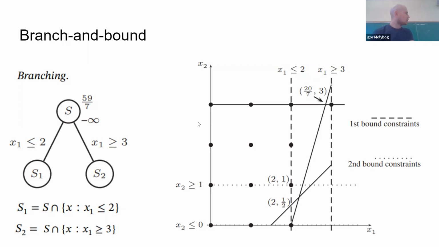So how to plot this on our picture? These are the two constraints that we are adding. We have a picture like this.